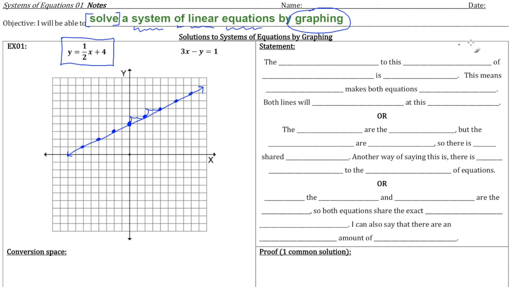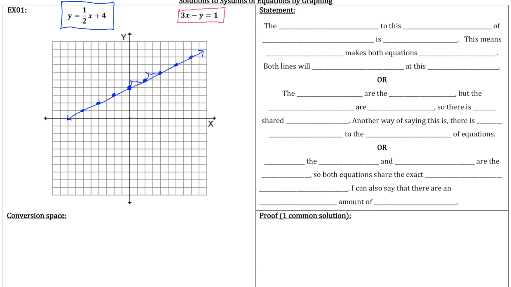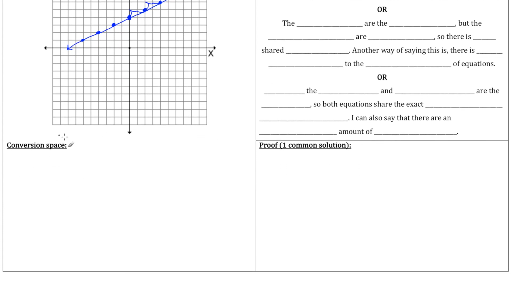Cool. Now I'm going to graph, or represent, the solutions to this equation. This equation is in standard form, so I'm going to have to convert it to slope-intercept form. So 3x minus y equals 1. I'm going to subtract 3x from both sides.